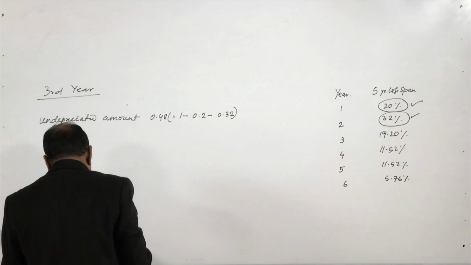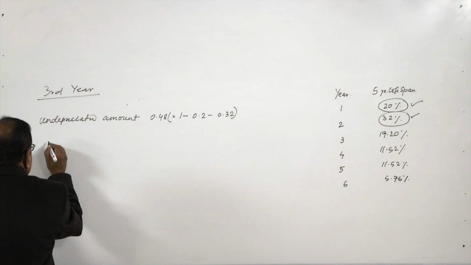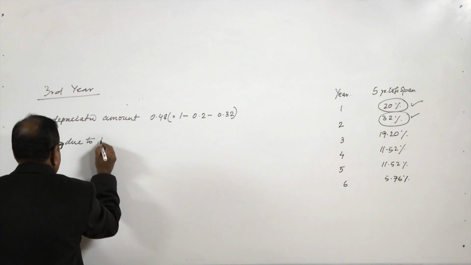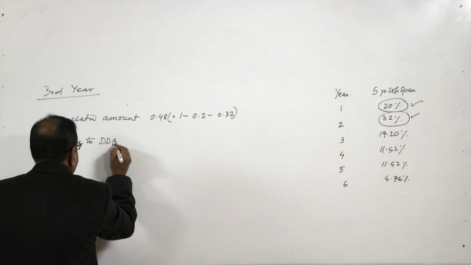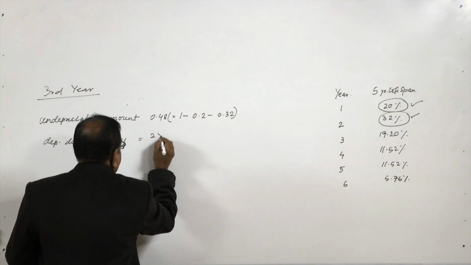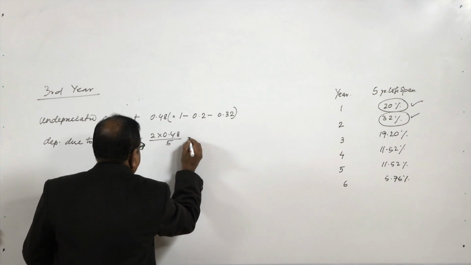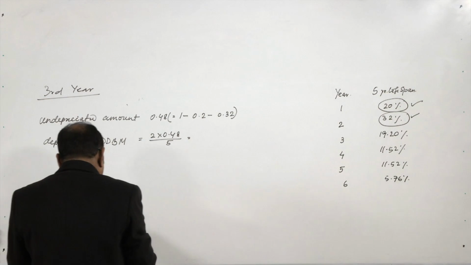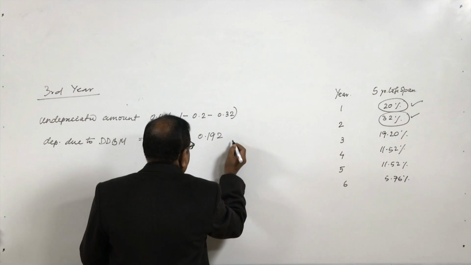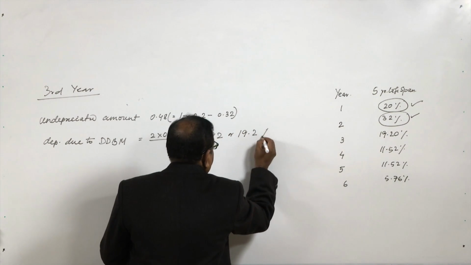So, this is 0.48, and if we calculate the depreciation due to DDBM, it will be 2 into 0.48 divided by 5, which will come out to be 0.192, that is 19.2%.